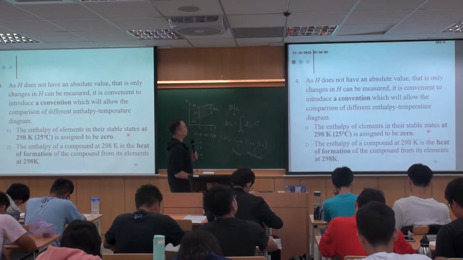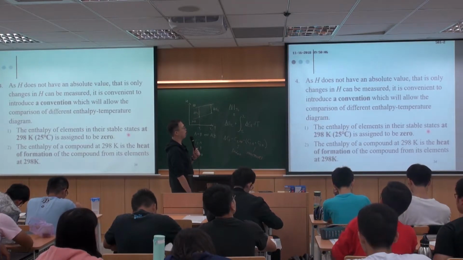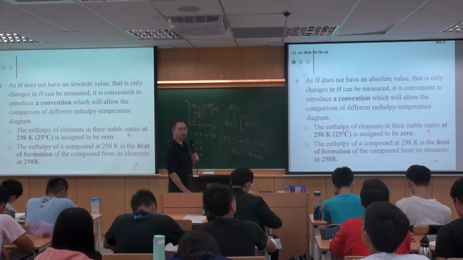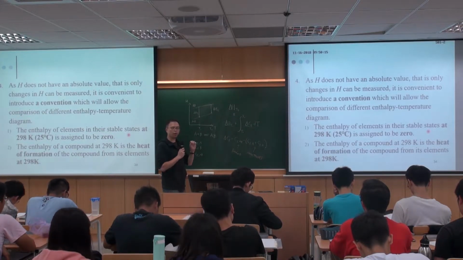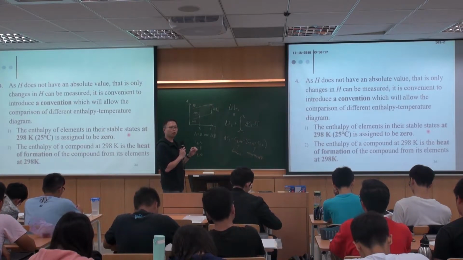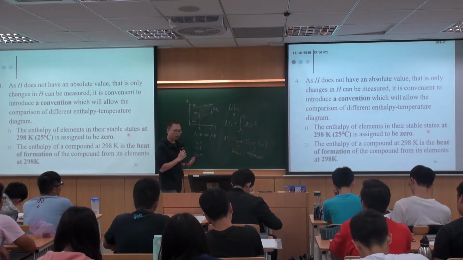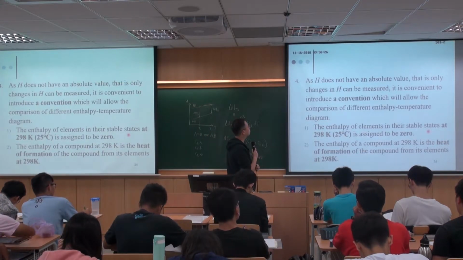And another important thing is that enthalpy does not have an absolute value, and that is, only changes in H can be measured. So typically we're talking about delta H instead of H itself, because enthalpy is not an absolute value. But there's a convention.